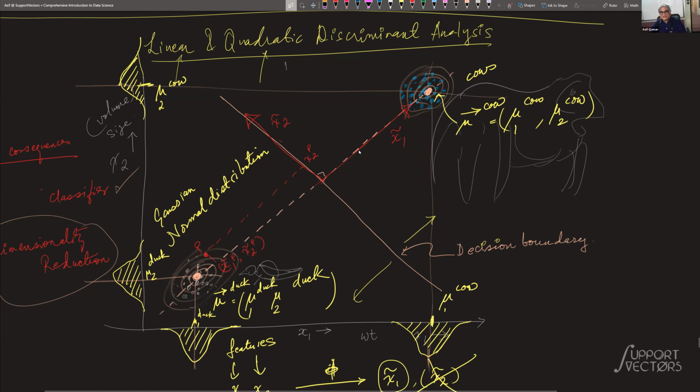And in this new coordinate system, any point can be represented either in the original coordinate system of x1, x2, or in the new coordinate system which I've marked in red and written as x1 tilde, x2 tilde. Isn't it? This is basic geometry. A point can be written in two different reference frames, so two different coordinate systems. It is the same point, and one is the transformation of the other. One is some form of rotation of the other, or rotation and translation of the other.